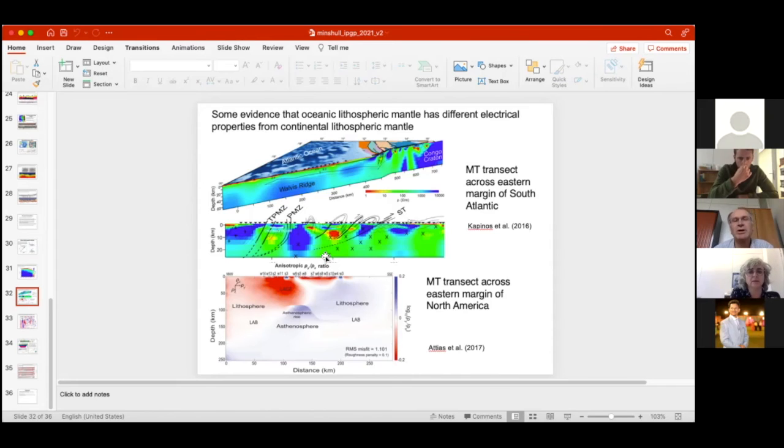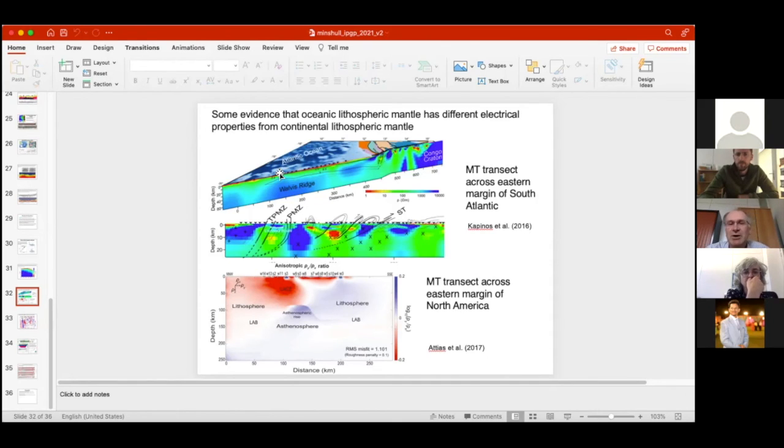So with controlled source electromagnetics, we're only going to see 3 or 4 kilometers beneath basement. So the high resolution imaging will be restricted to what you might think of as crustal levels, whether or not there is any crust. But we will do a magnetotelluric experiment, and this is a magnetotelluric experiment.